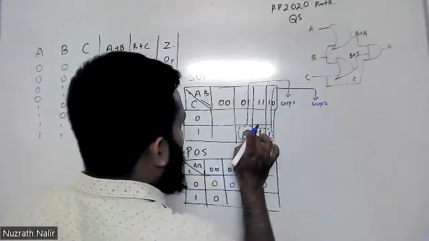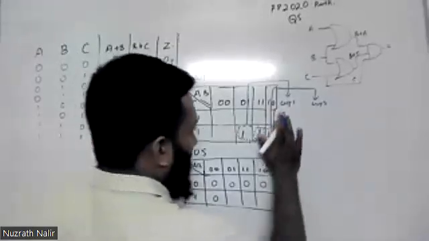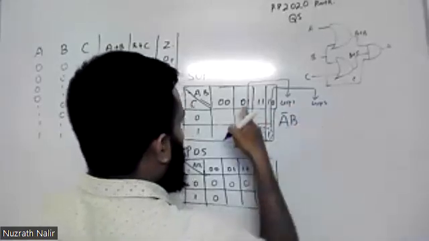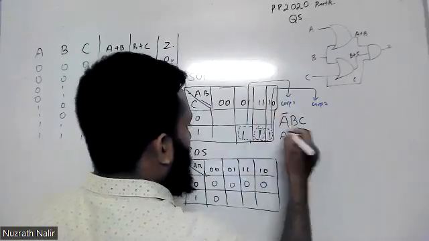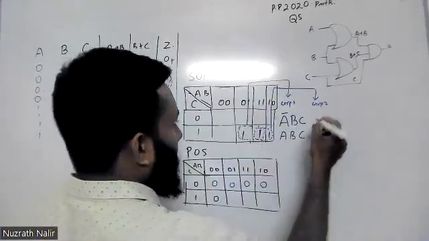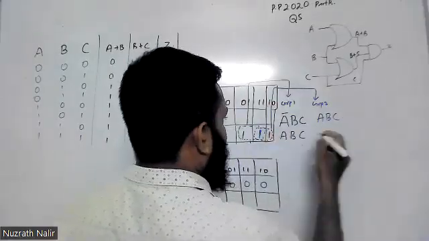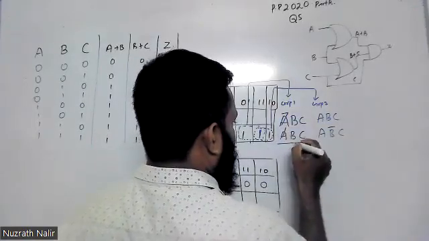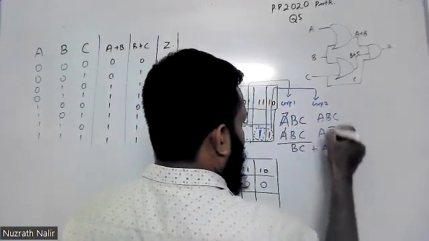Test the group 0, A is equal to 0, say A bar, B and C. Second one, A, B and C. So this group A, B, C, and for this one A, B bar, C. So easily you can cut it off this one, and the BC is the answer plus A is general, so B cut AC.